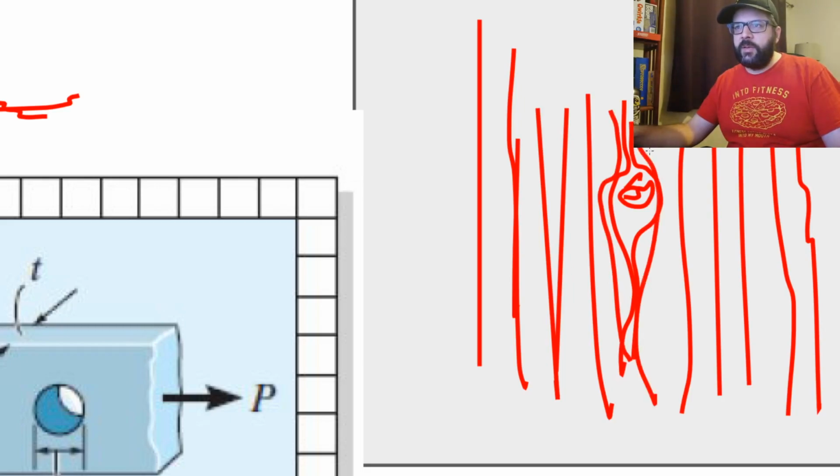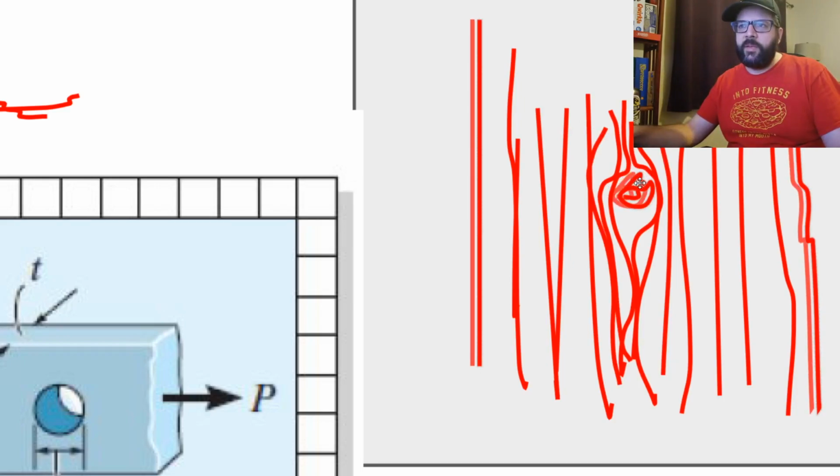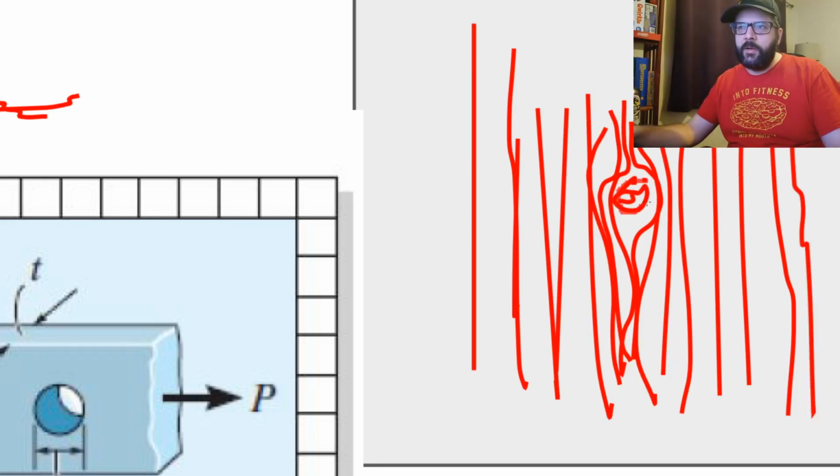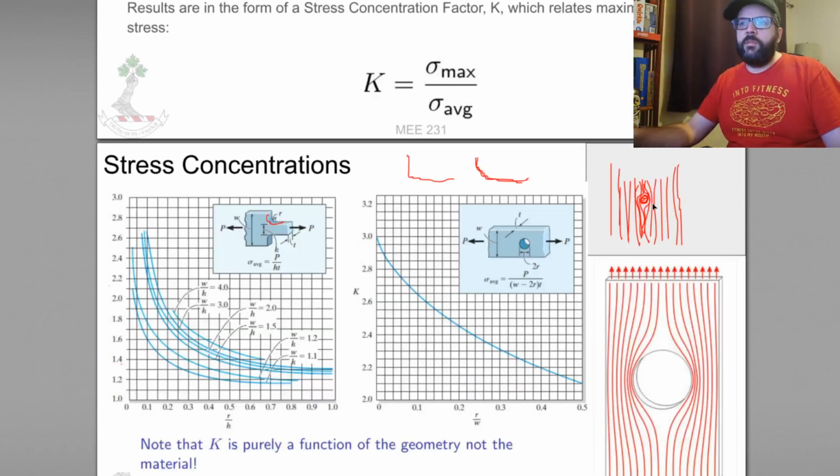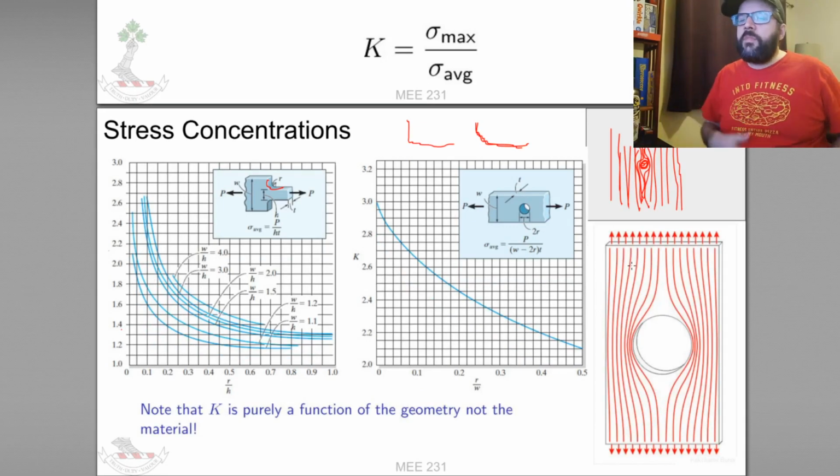So you get a larger concentrated force going on in the middle there, and then it'd be generally more abrupt.